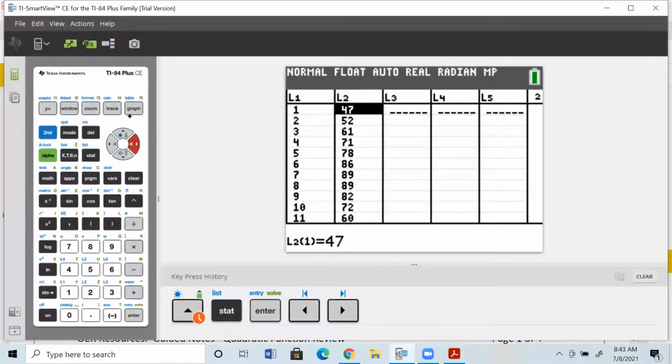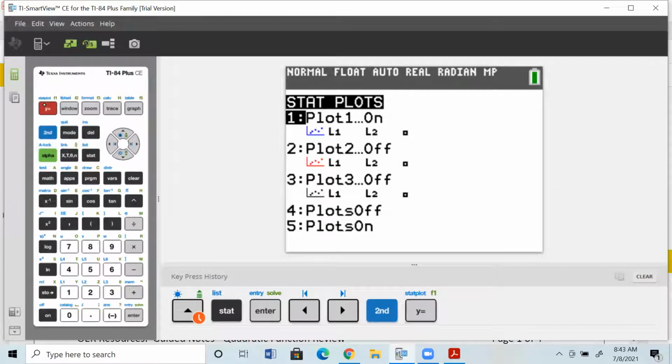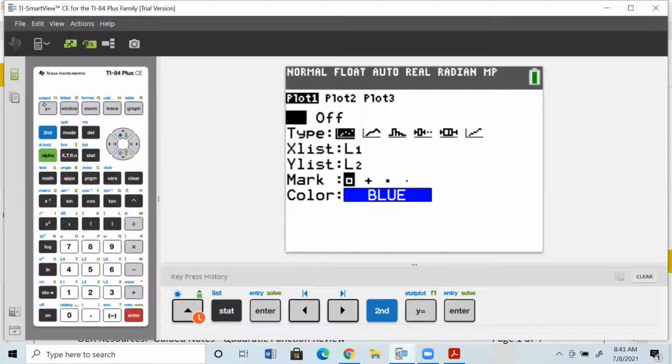In order to continue with your calculator, you will want to turn on this scatter plot. To turn on the scatter plot, you press second, Y equals, select option number 1, and you'll want to make sure that the word on is highlighted. If you have off highlighted, arrow to the left, press enter, and that will change so that the word on is highlighted.